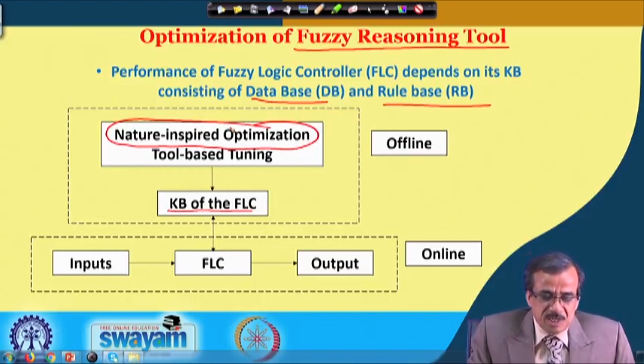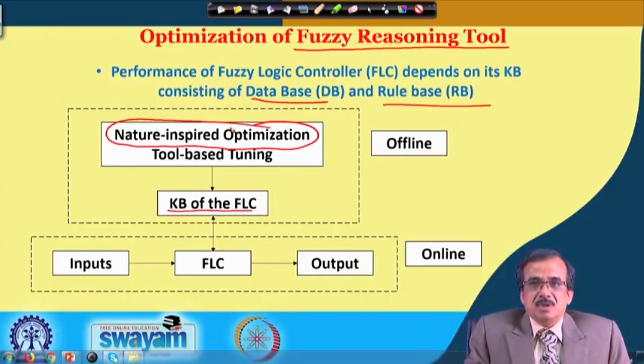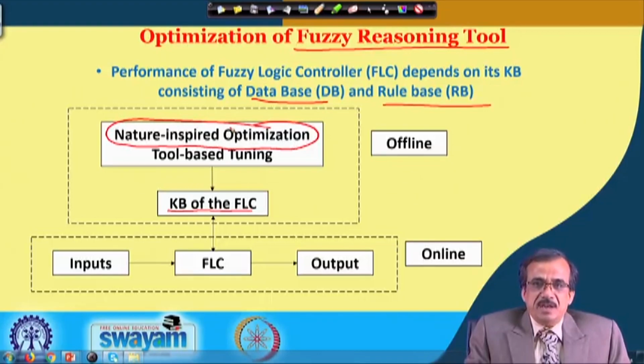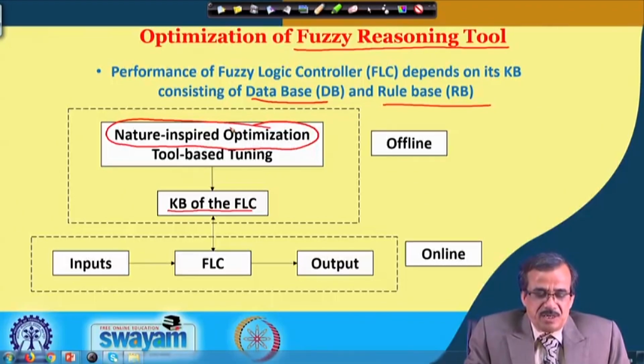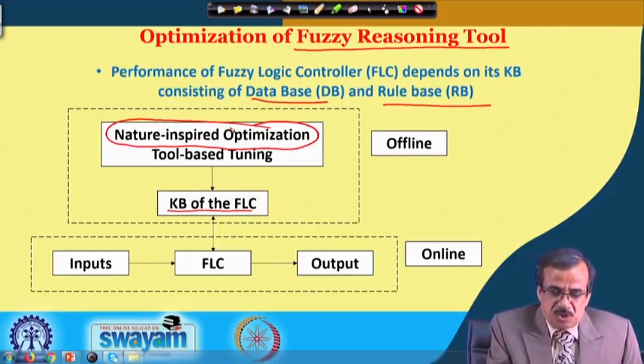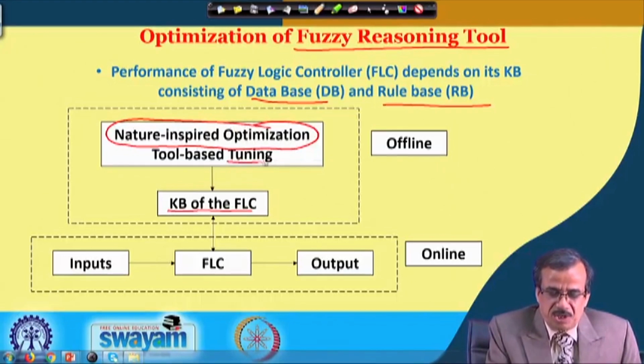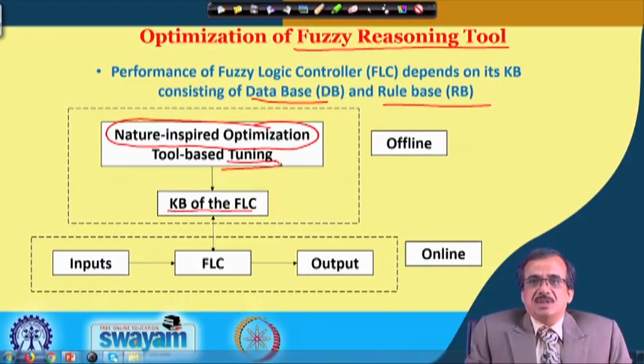This nature inspired optimization tool is an iterative method and it takes a huge amount of time to converge to the optimal solution, and that is why this training or tuning of the parameters is carried out offline.